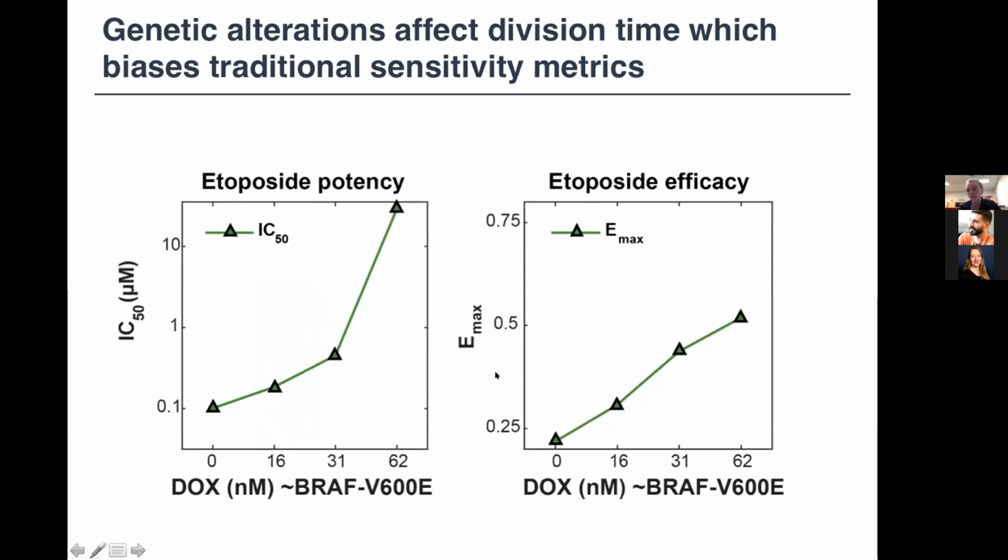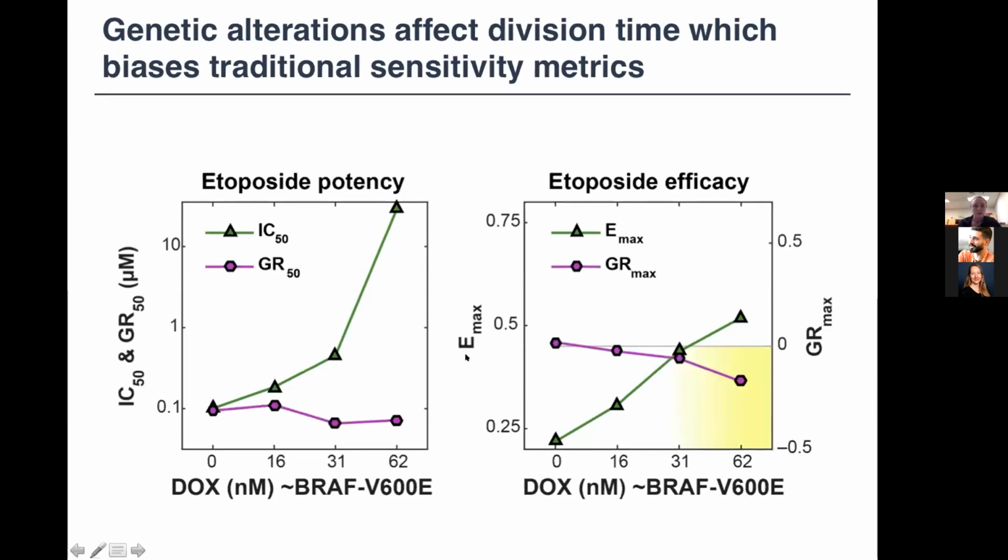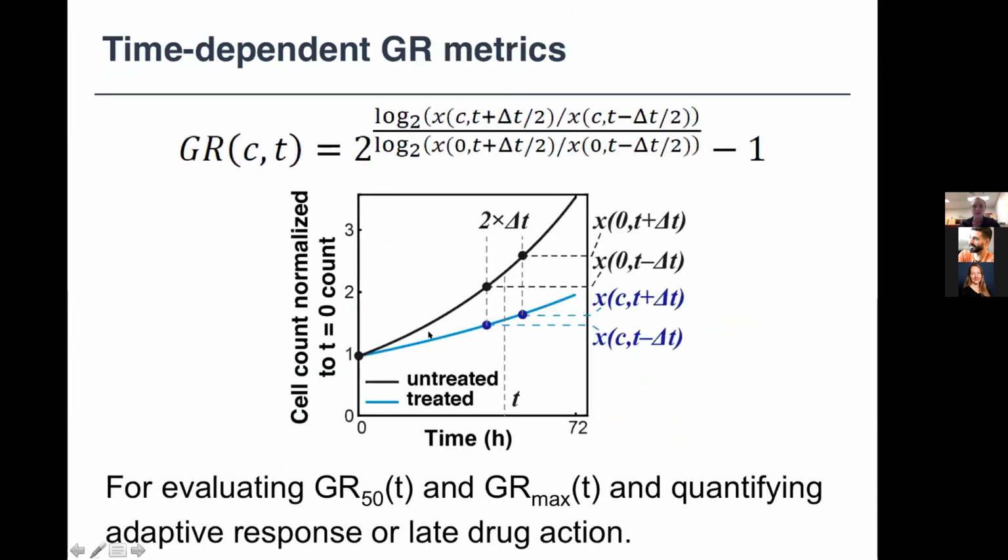Same thing if you look at Emax, it looks like the drug is much more effective in conditions in which the cells are growing more quickly. Again, looking at the GR corrected data, you can see that these are in reality just flat lines, and that the cell lines are equivalently sensitive to etoposide.